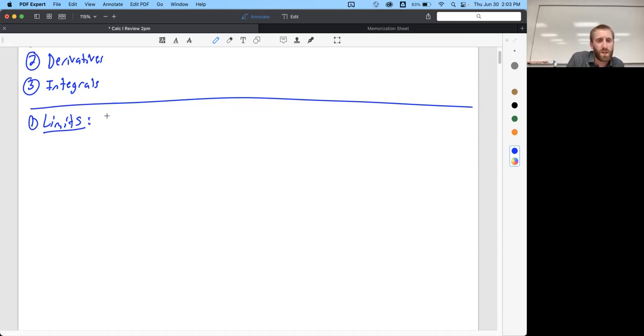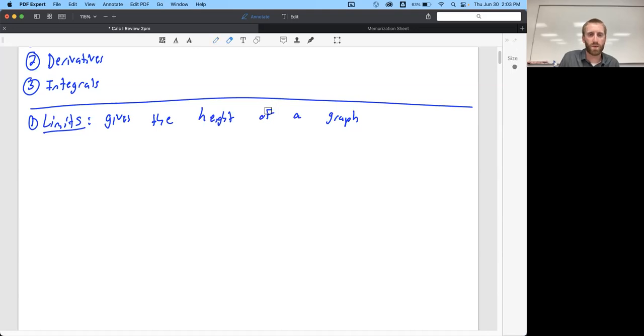So a limit just gives you the height of a graph. Well, I should rephrase this.